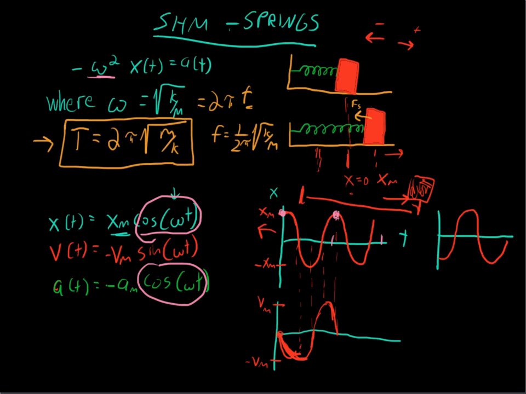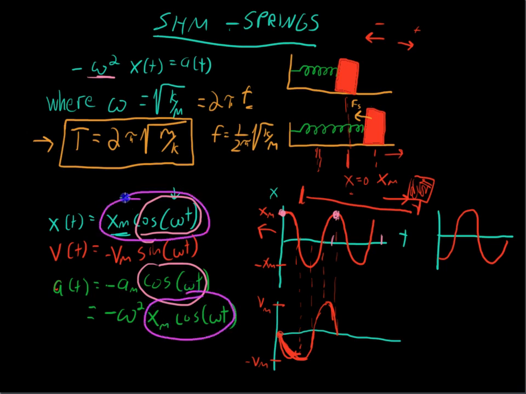And I could actually rewrite this bottom part to be the opposite of omega squared x max cosine of omega t. And now if you look at this, okay, this is exactly the same as our x of t function.